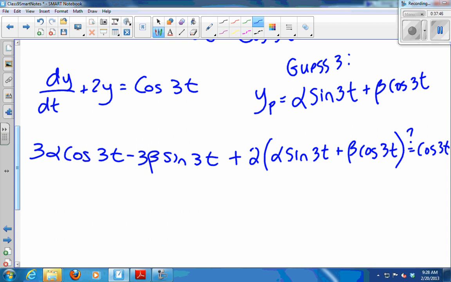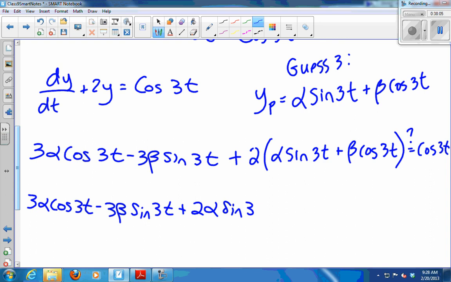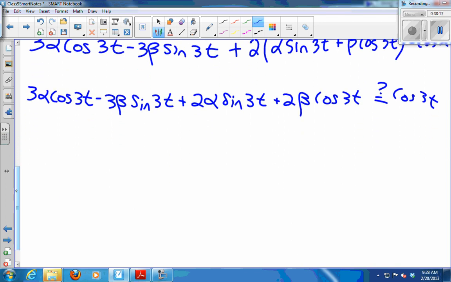So let's just start by simplifying the left side here. So I've got 3 alpha cosine 3t minus 3 beta sine 3t plus 2 alpha sine 3t plus 2 beta cosine 3t. Combine your like terms, my cosine 3t's.